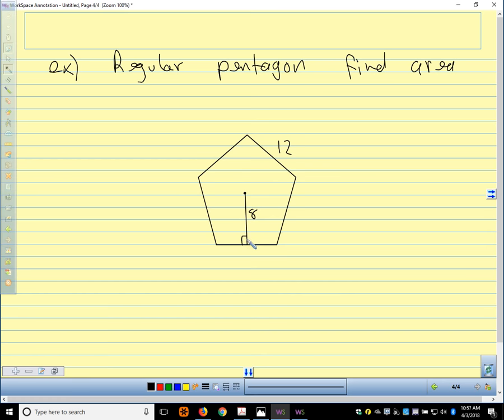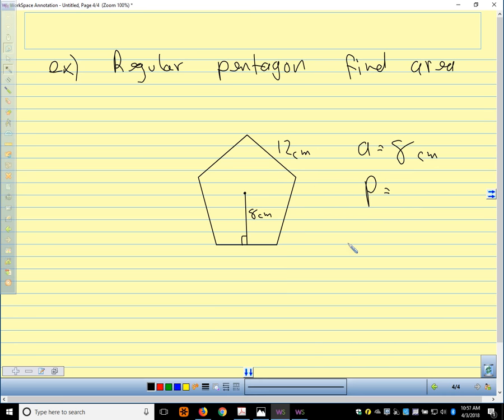Well, this problem is really nice because they give us all the information we need. I'm going to say this is in centimeters. The apothem is 8.